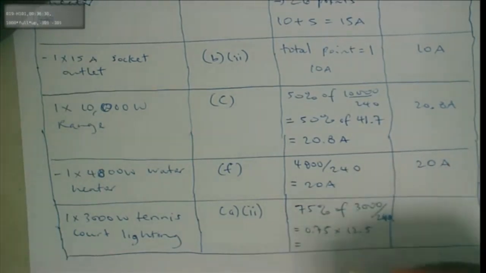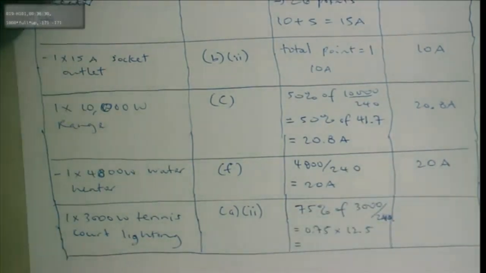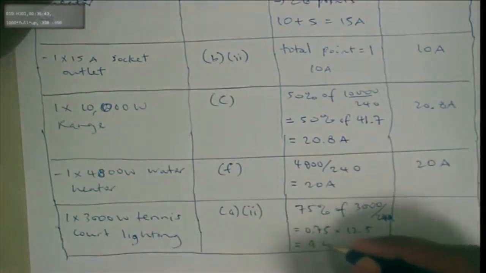So 75% or 0.75 times 12.5, 9.375. So we can just take 9.4.